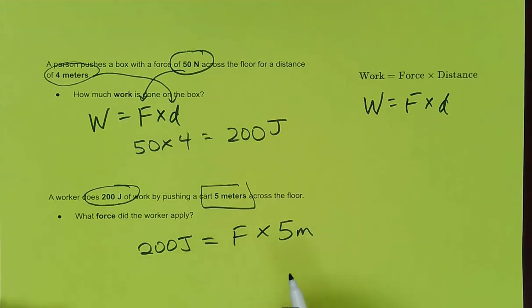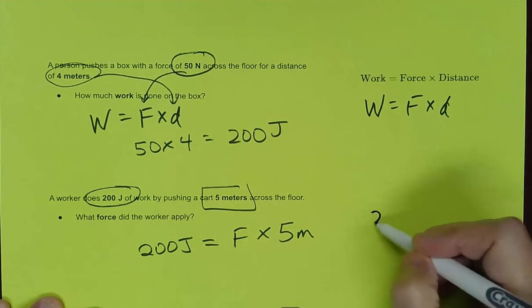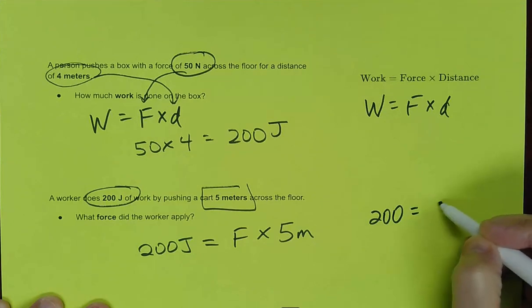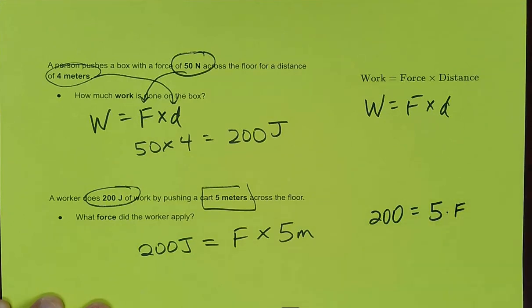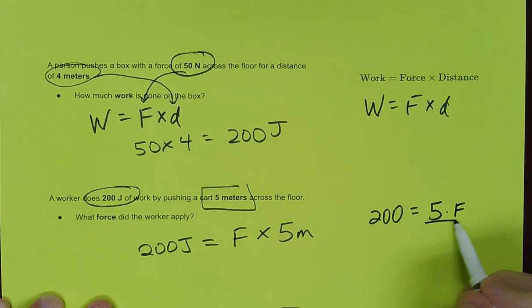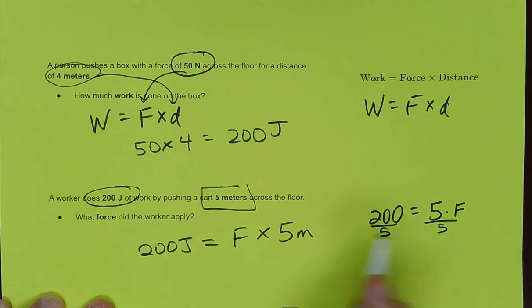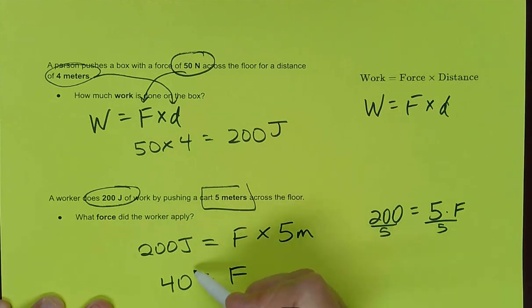To find the answer, if I had 200 equals 5 times my force, solving that algebraically, we divide both sides by 5. So 200 divided by 5, or 40, is going to give me how much force we have to have. So 40 newtons of force is how much force would be required to make that little cart move 5 meters.